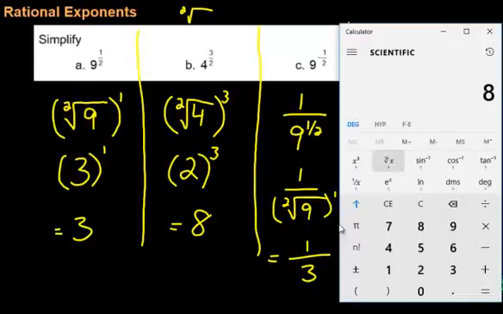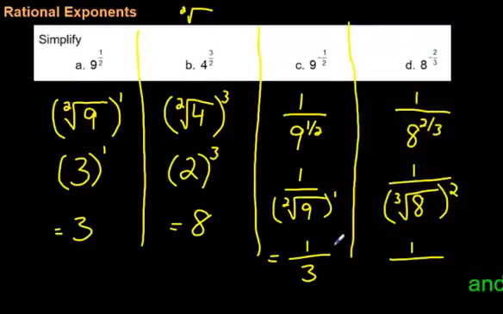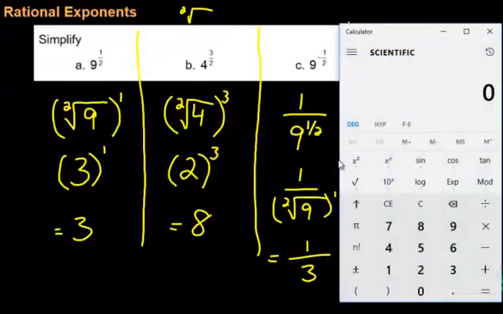Yep. The cube root of 8 is 2. Okay, because 2 times 2 times 2 is 8. And then the cube root of 8 is 2 right here, but it's to the power of 2, so you get 4.